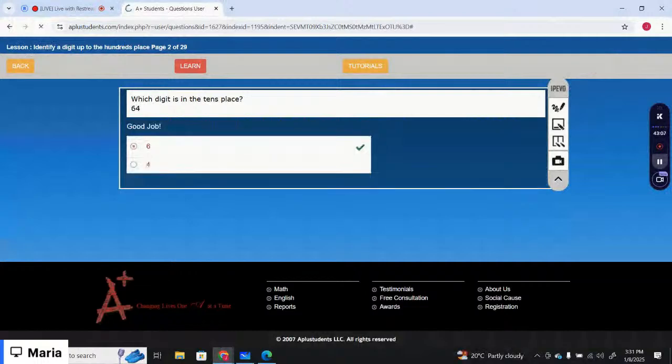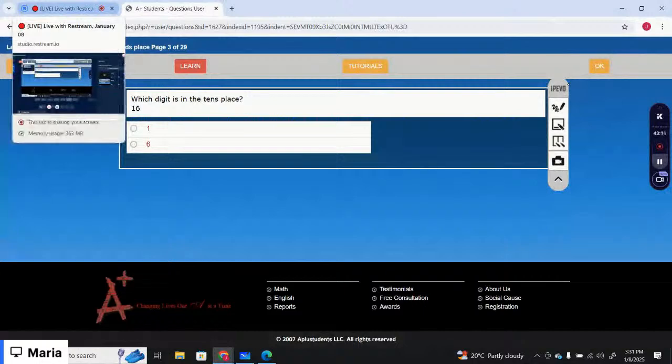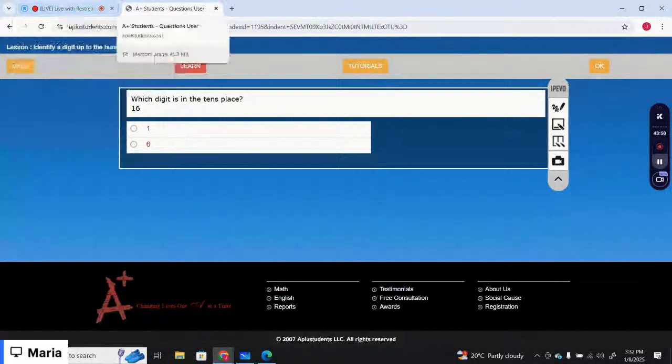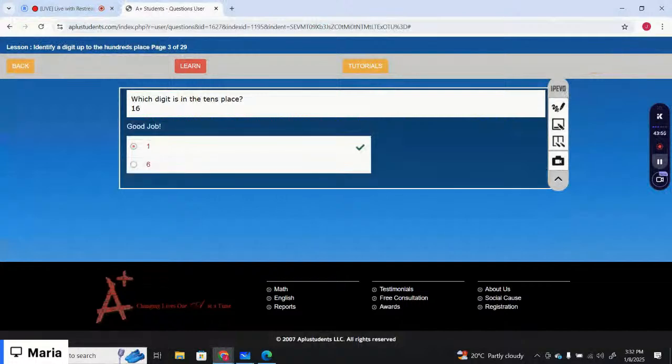Option number 1 is the correct option. 1 is at the tens place. The correct option is option number 1.